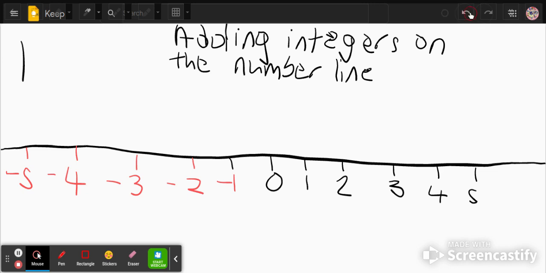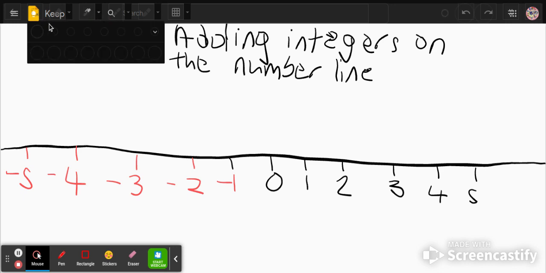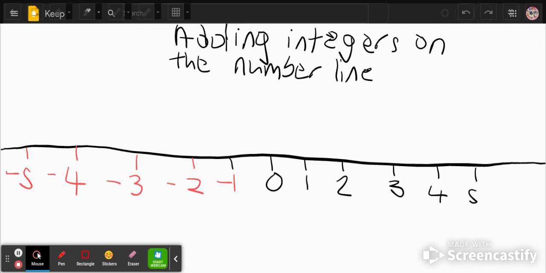So let's get to adding numbers on the number line, right? Let's say you had negative 2 plus 3, right?